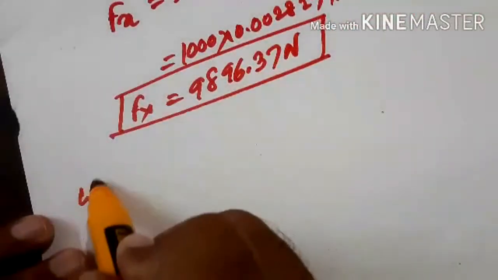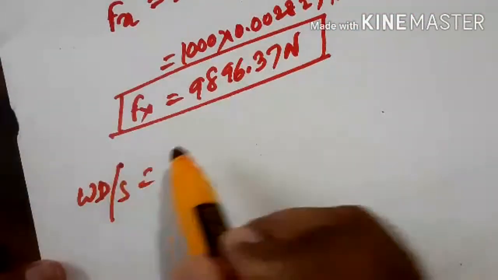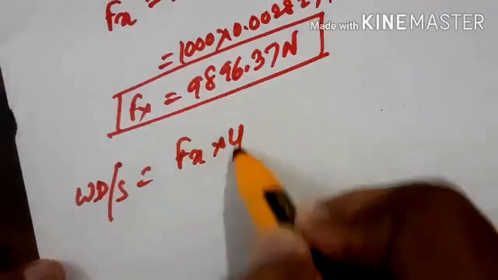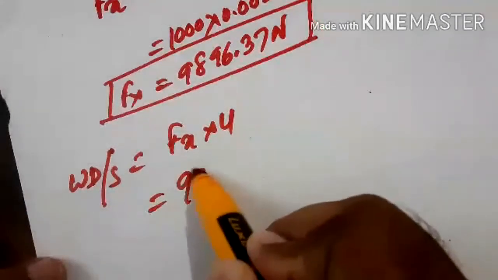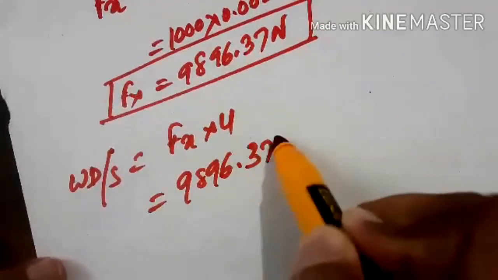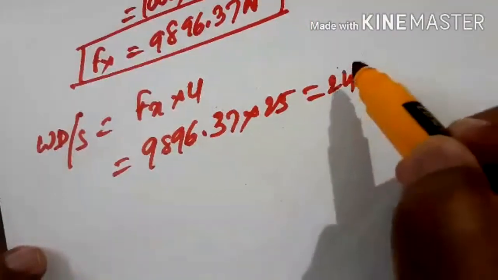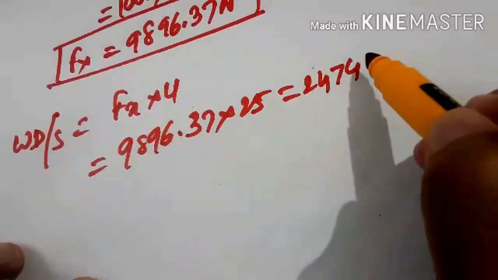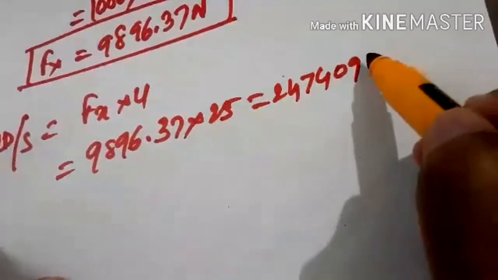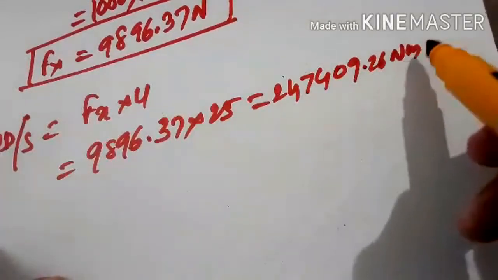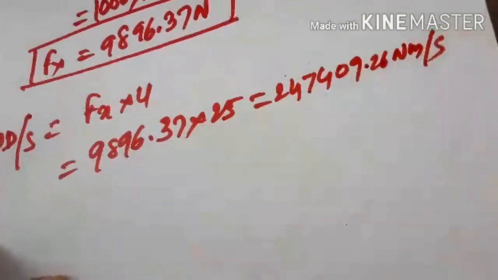Then work done per second. We know the formula is Fx into U. So 9896.37 into 25, you get 247409.26 Newton meter per second.